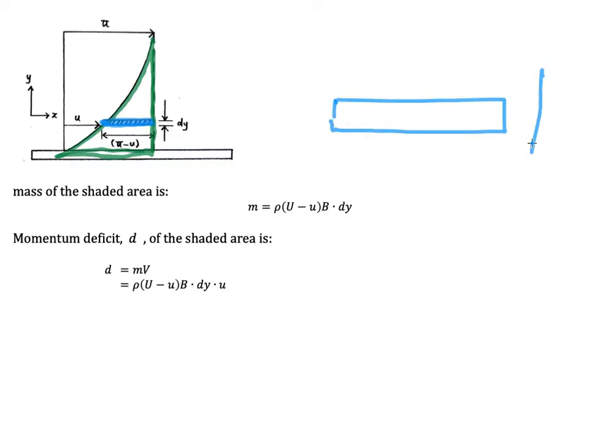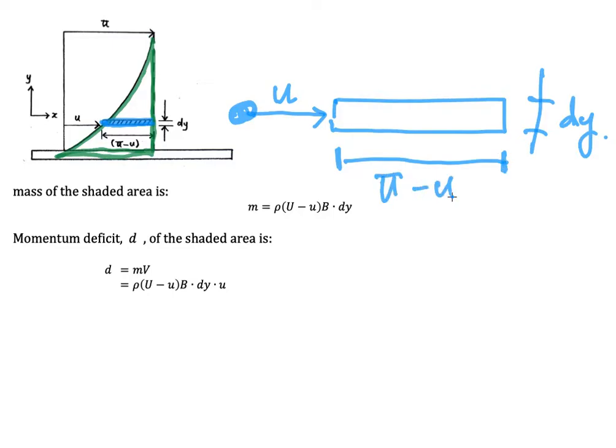The thickness here can be determined as dy because it is a small portion of the y-axis. And then we have a molecule here moving with a u velocity. From simple mathematics, we could assume that the length of this can be written as capital U minus u, because the total length here is assumed as capital U as shown.